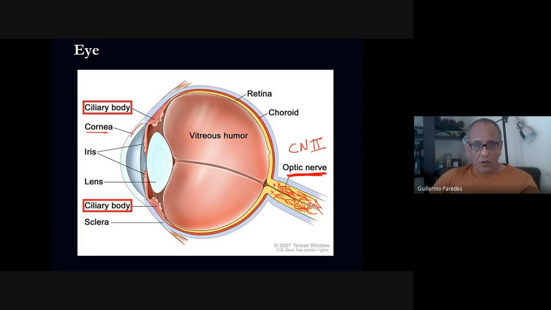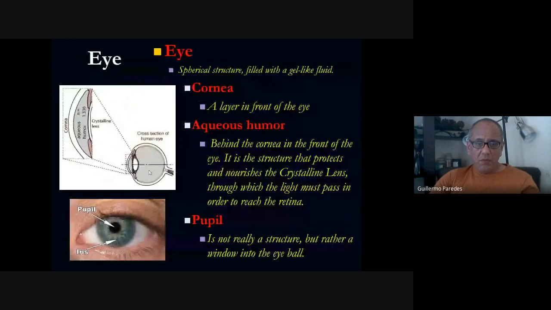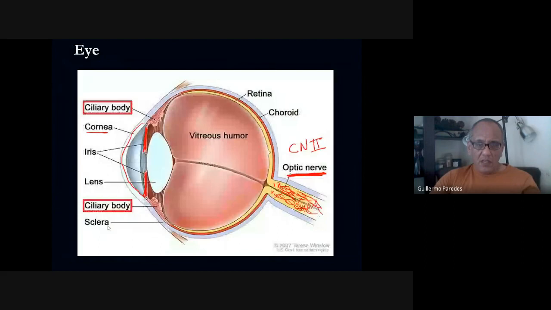This is the cornea. The cornea is the most anterior. Then we have here the iris. The iris, remember, is 360 degrees, but in this image we see only a cut, right?